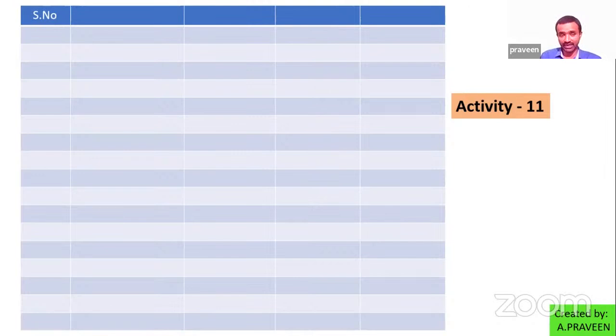One is serial number, then substances or the solution we take as sample here. Next, identifying the color of the pH paper. Next, assigning the pH value, then deciding its nature, either acidic, basic, or maybe neutral.